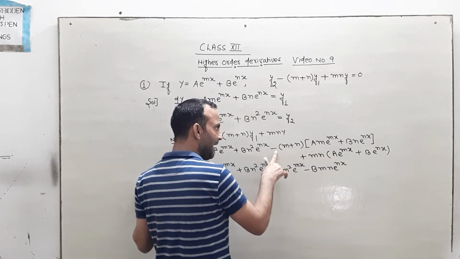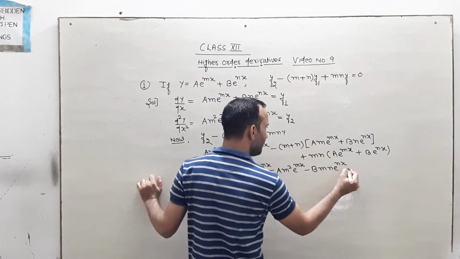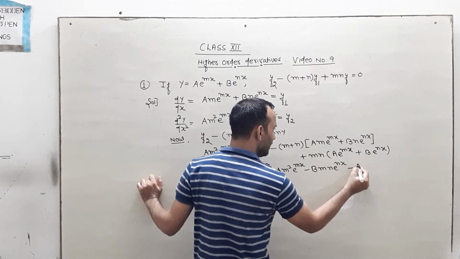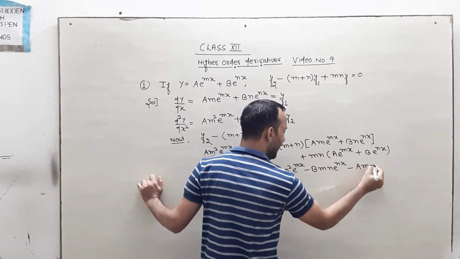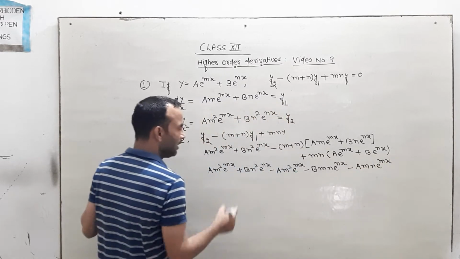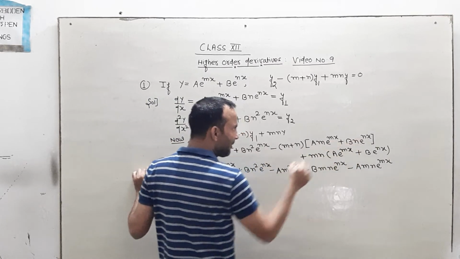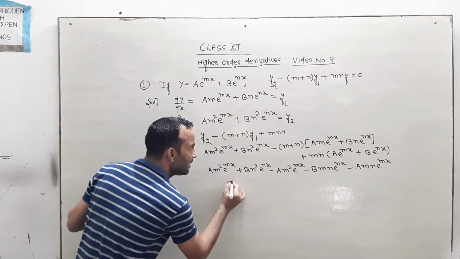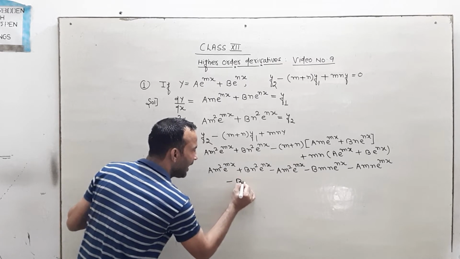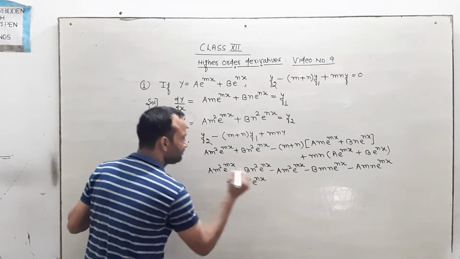Now multiplied minus n with a m e raised to the power mx, we obtain minus a m n e raised to the power mx. Now multiply minus n with b n e raised to the power nx, we obtain minus b n square e raised to the power nx.